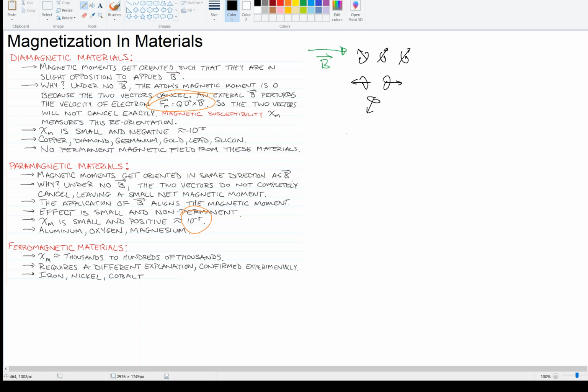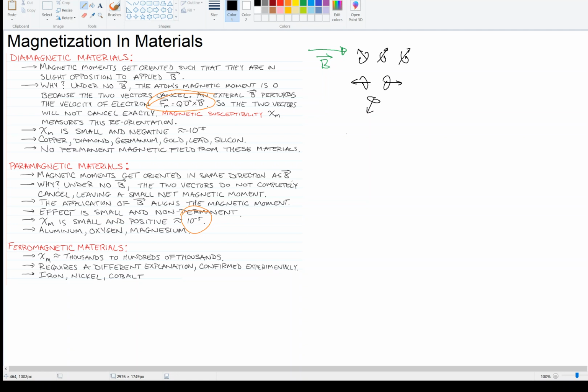Now, the third type of materials, maybe the most interesting for our case here, is ferromagnetic materials. In this case, chi m is thousands to hundreds of thousands. This material, again confirmed experimentally, requires a different sort of explanation, which we'll get to in a second. These types of materials are like iron, nickel, and cobalt.